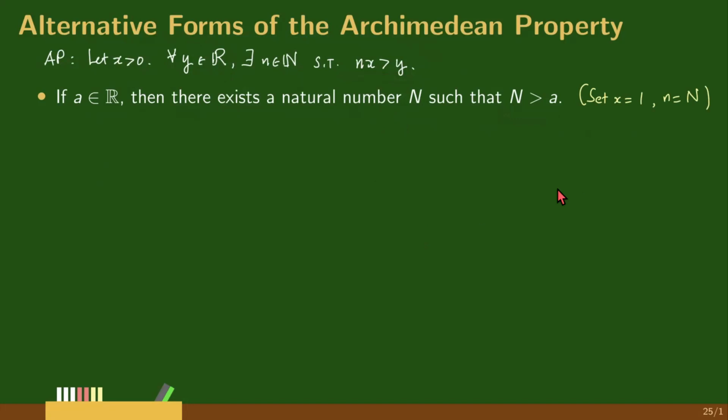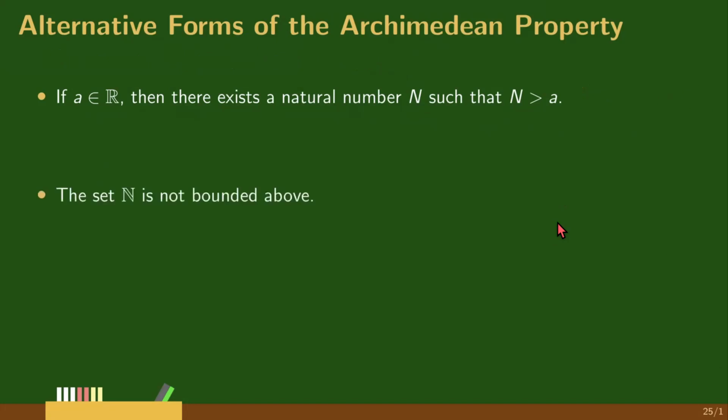Tingnan niyo mabuti na yung x gawin yung 1, tas yung little n, palitan niyo lang ng capital N. Kasi normally in mathematical analysis, kapag malaking natural number n, ang ginagamit natin ay capital N if it represents a big natural number. Okay? I hope that you see that.